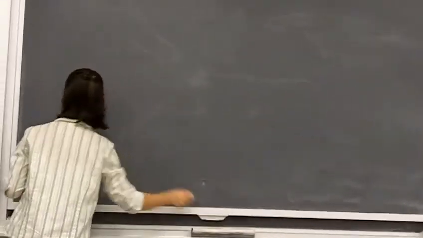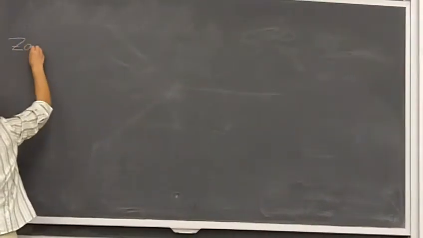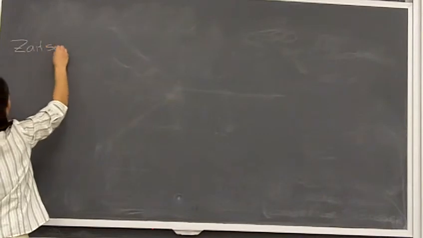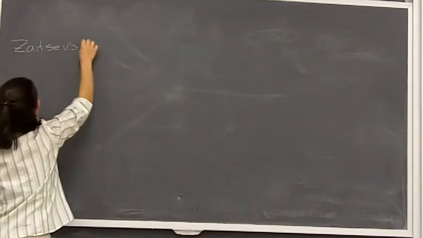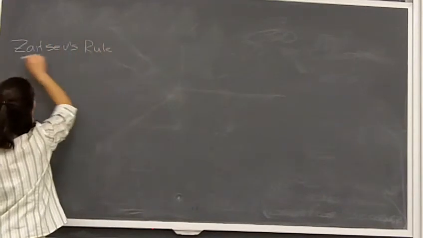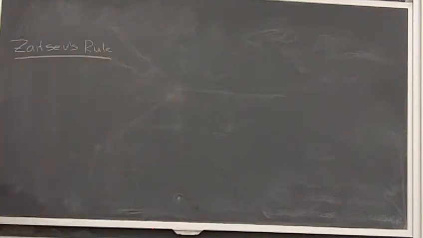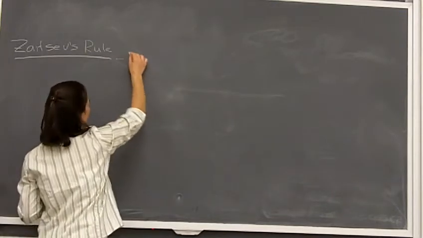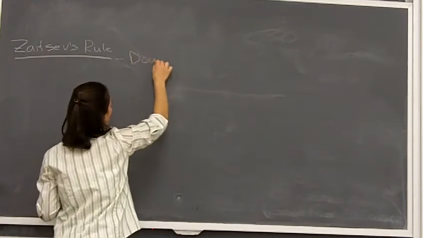So related to this with our carbocation, what does Zaitsev's rule say? Remember? The double bond forms at the most highly substituted carbon. Right, you're going to get a double bond at the most highly substituted carbon, okay?